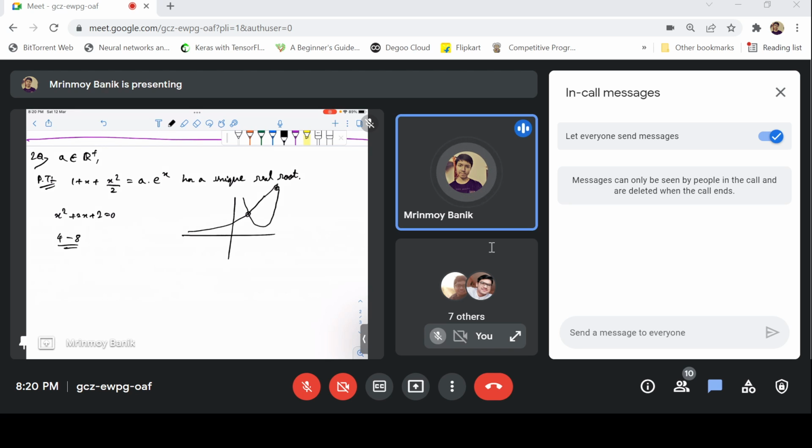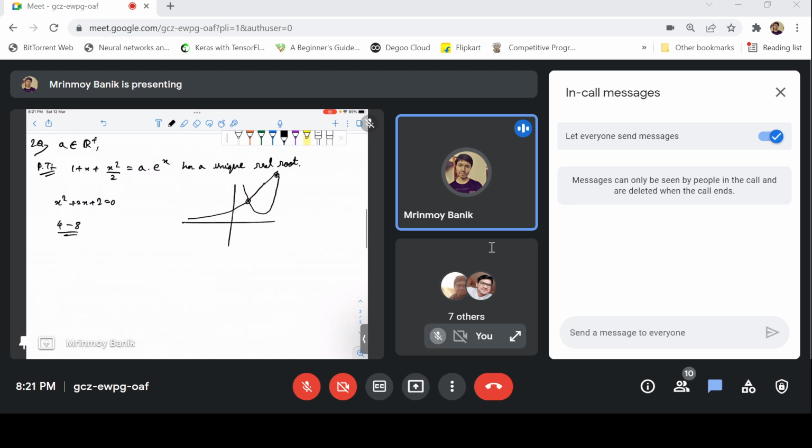I have to show it has a unique real root. That is, it just touches the exponential like that. So we can work with the difference function. Let's define gx equal to e power x minus that polynomial.